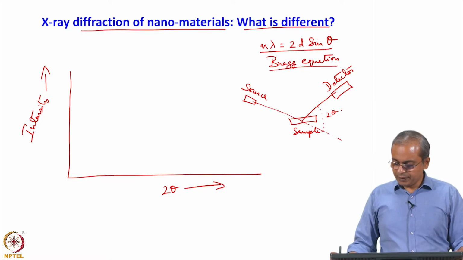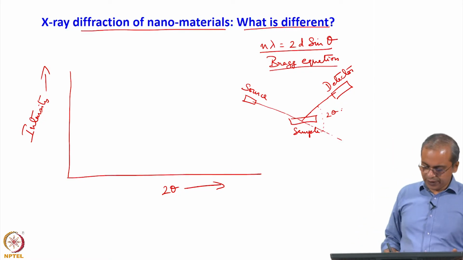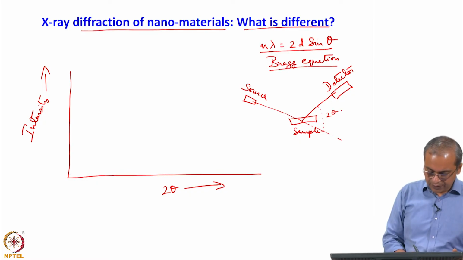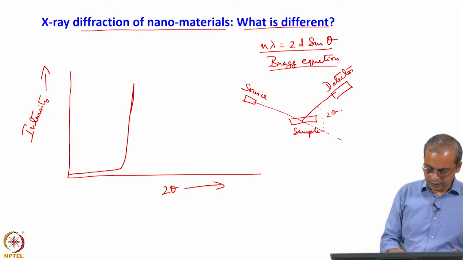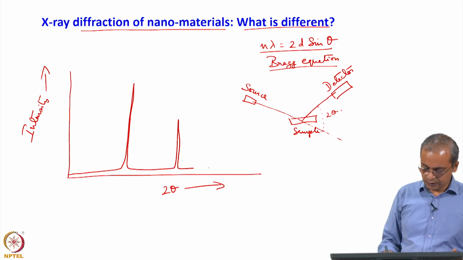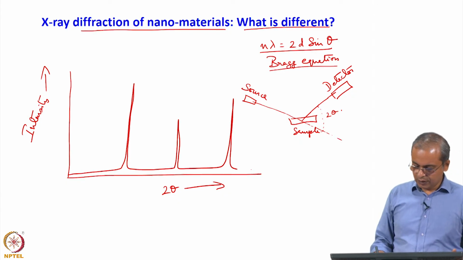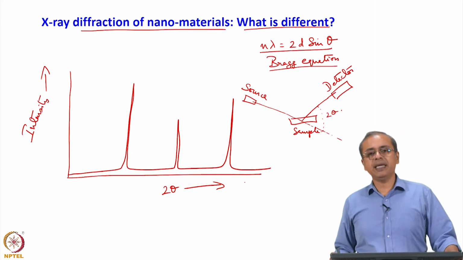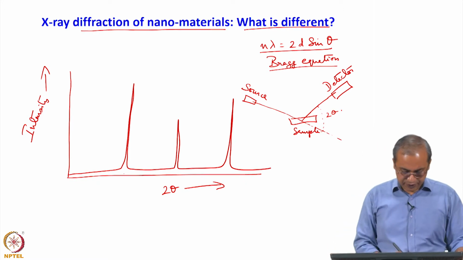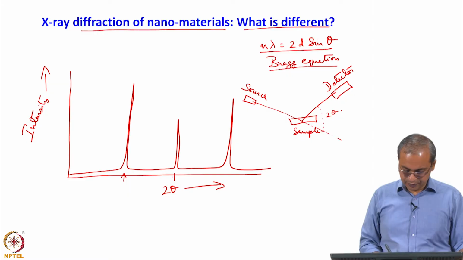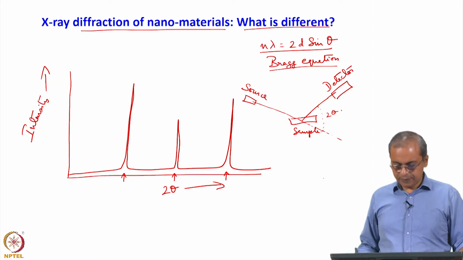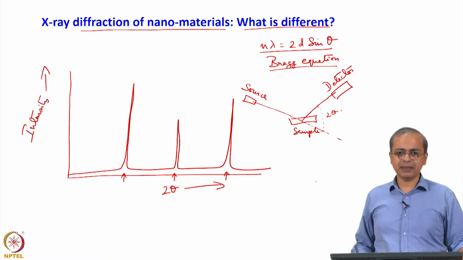So, now typically we have data that looks like this. There are sharp peaks in this data at specific values of 2 theta, and they are actually vertical peaks.